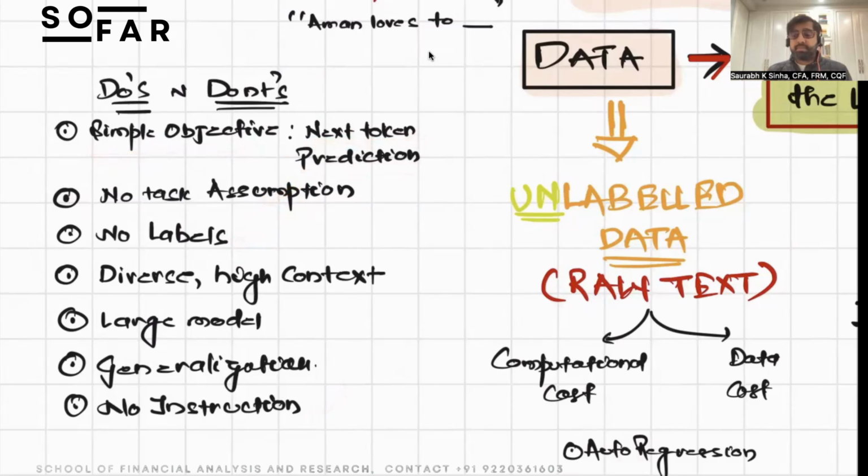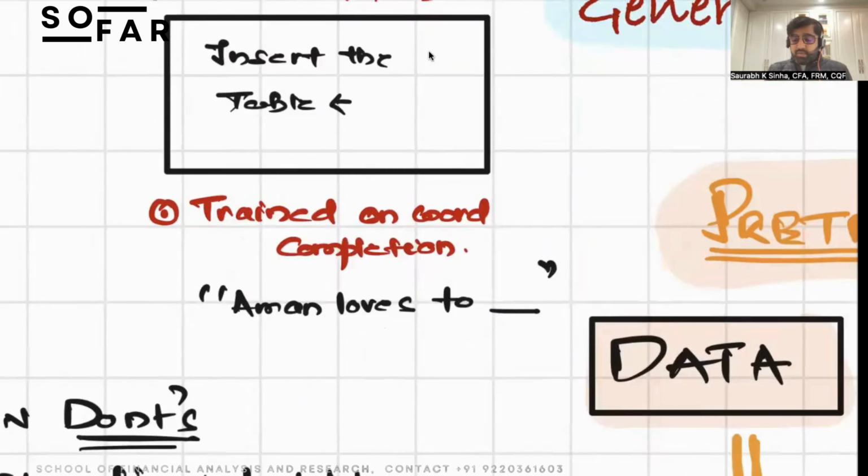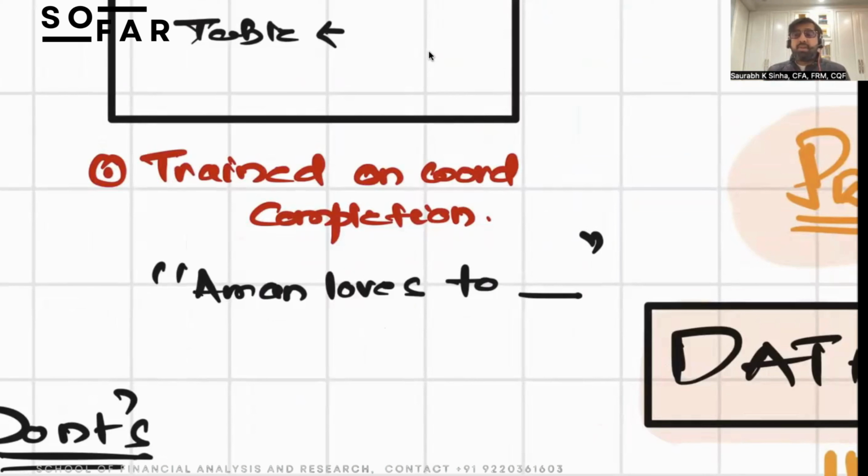That's it. In the last session, we discussed masked training. For example, the whole sentence is Aman loves to read book. You let the model predict the next word after "Aman loves to."